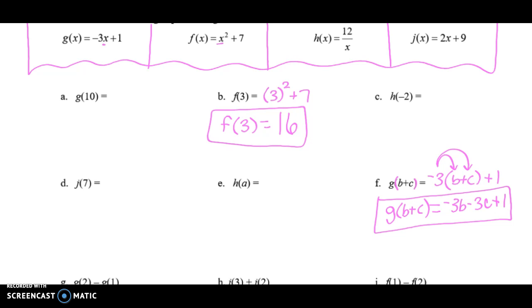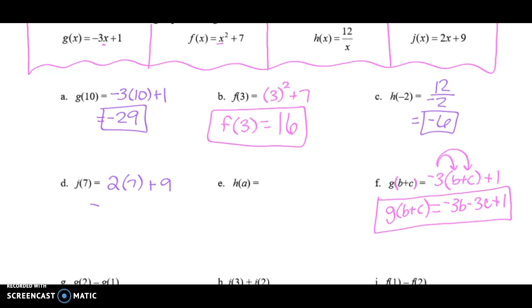Alright, welcome back. How did we do? I'm betting we did really, really well. So g of 10 is -29. h of -2 is -6. j of 7. h of a.